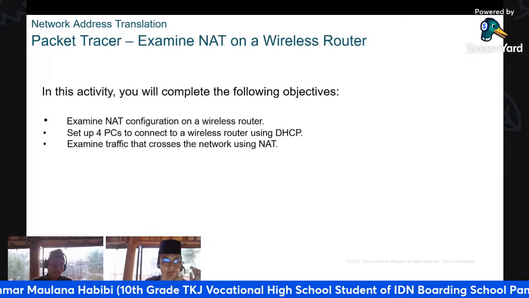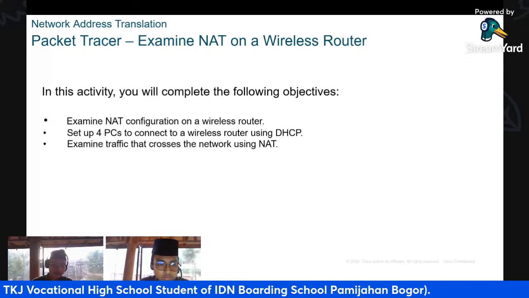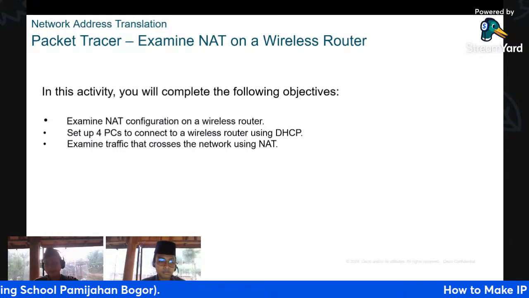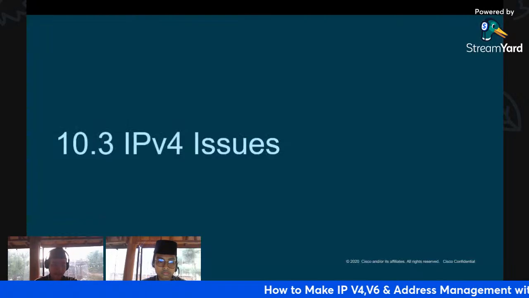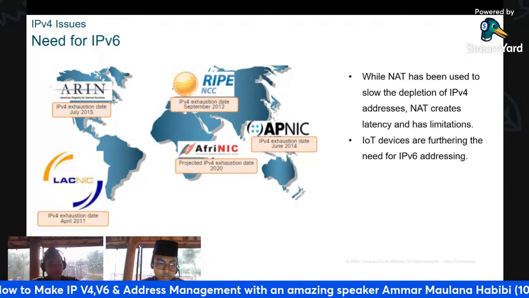This is a practice, but I'm sorry, I still cannot practice this because of the time and I'm not healthy yet. I'll configure it next. IPv4 issues and the need for IPv6.